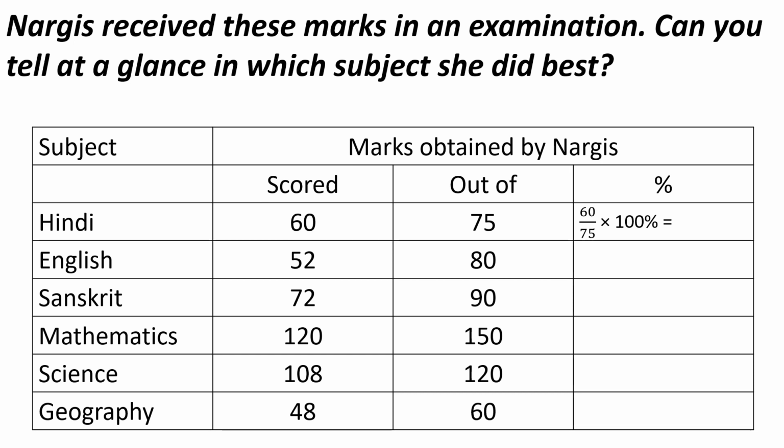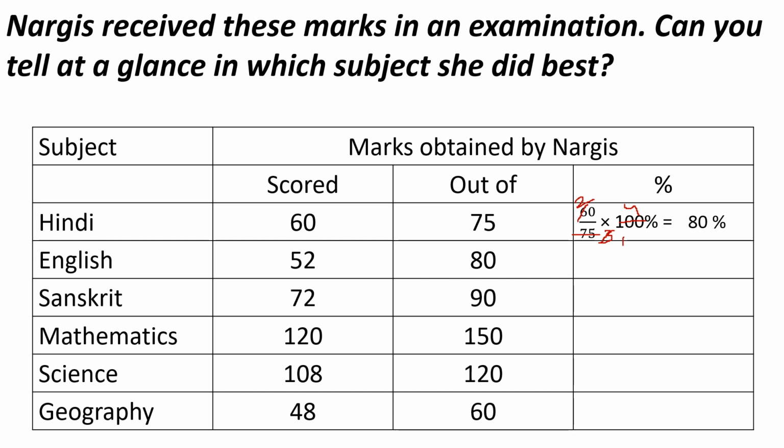So here is 75 and here is 100. 25 threes are 75, so here is 3, and 25 fours are 100, here is 4. So what will you get? 3 ones are 3, 3 twos are 6. Just multiply 4 and 20 and you will get the percentage in Hindi, that is 80%.